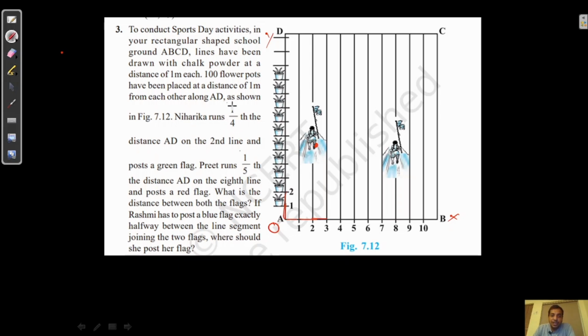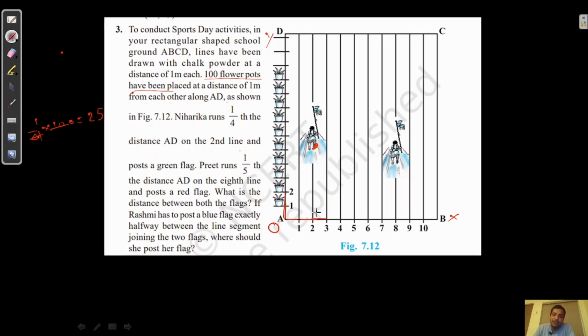Actually, total distance will be 100 meter because they are putting 100 flower pots. How many flower pots are they putting? Say with me, it is 100. And what is 1/4 of 100? So she has covered 1/4 distance of it. So here I am finding 1/4 of 100. It will be 25. So this point will be 25. Okay, and so in y-axis she has covered 25.